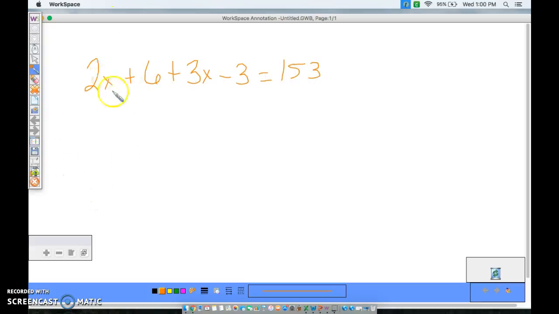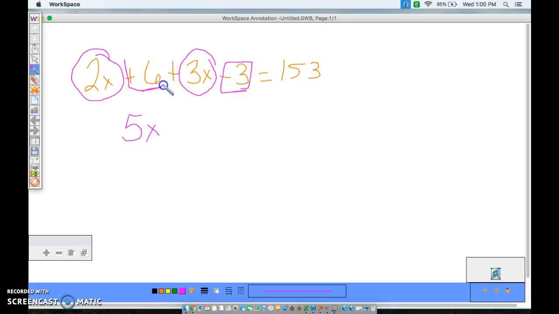You're going to combine your like terms, so in this case that's your x's. 2x plus 3x is 5x, and then you're going to combine your constants. So this is minus 3, and this is positive 6. So 6 minus 3 is 3, a positive 3, so we put plus 3 equals 153. That's called combining like terms.